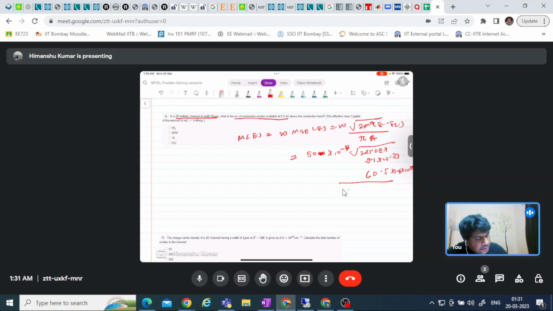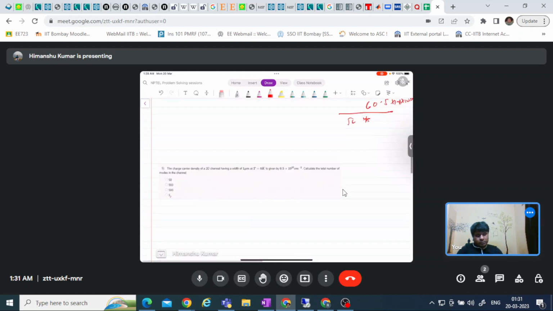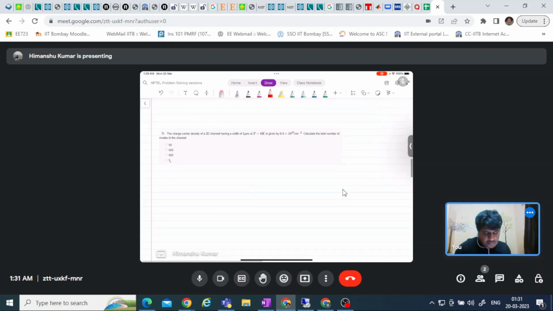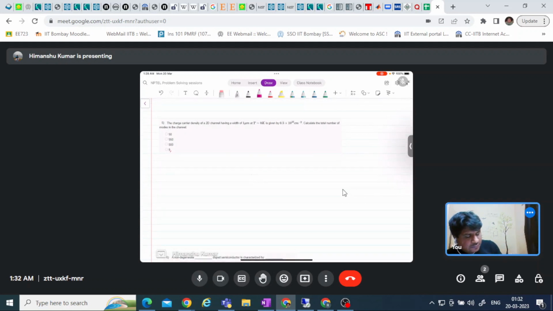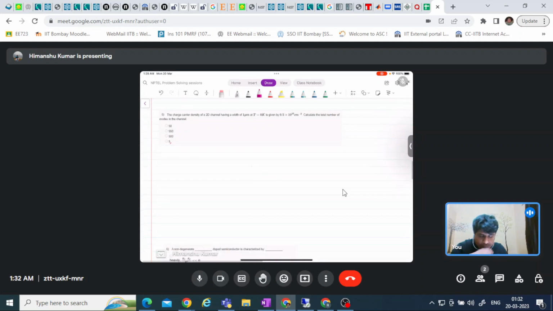And then pi h bar. If we put the value of h bar and solve correctly, you will find that the correct answer is 59, which is the first option. So this is fairly simple. Next, let's move to the next problem.